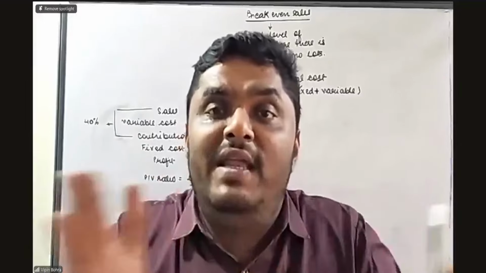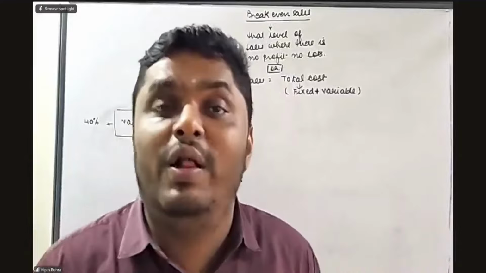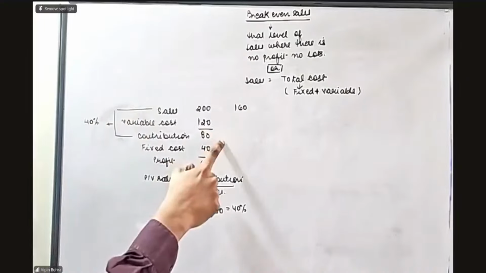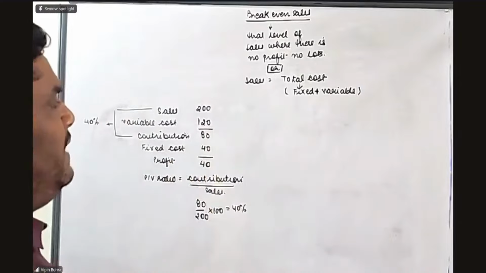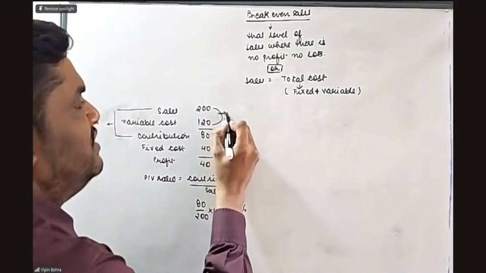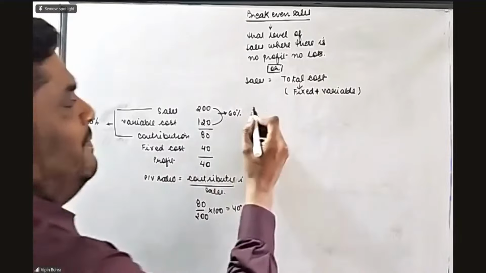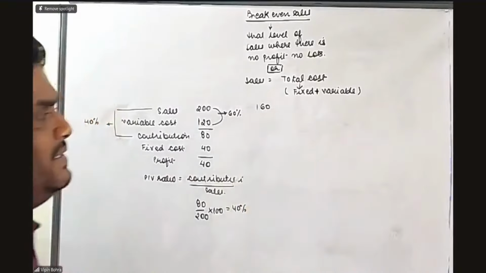It means PV ratio remains constant at all levels of sales. So this sales to contribution 40% and sales to variable cost 60% will never change unless the question clearly specifies.